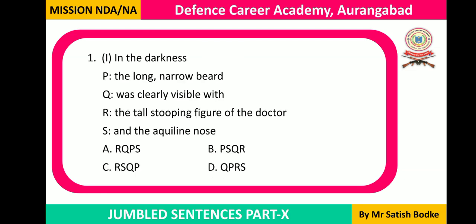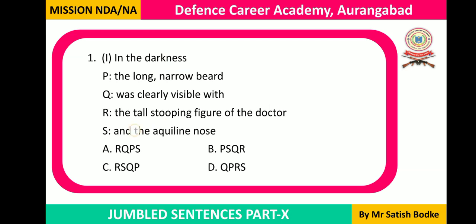Here is the first example. You can see that there are 5 parts of the sentence. The sentence begins with "in the darkness". So "in the darkness" is a prepositional phrase, and after this prepositional phrase we obviously need to take a subject.